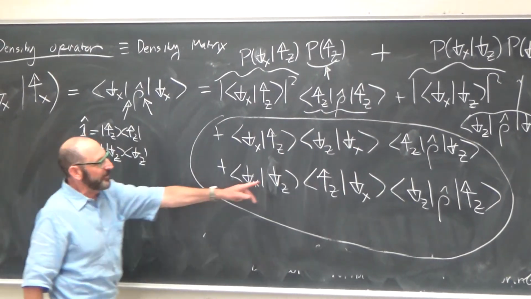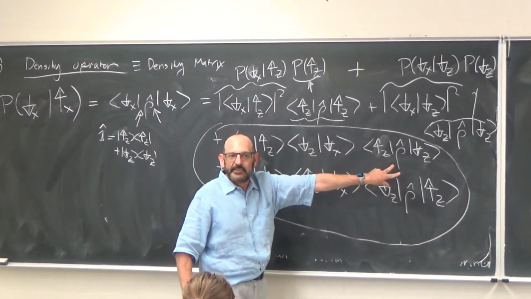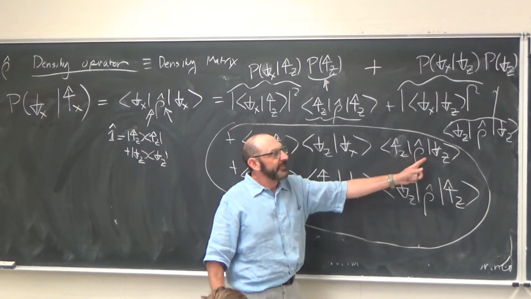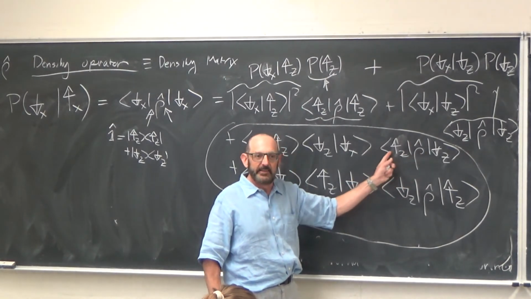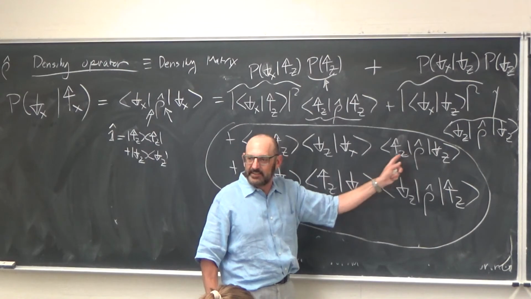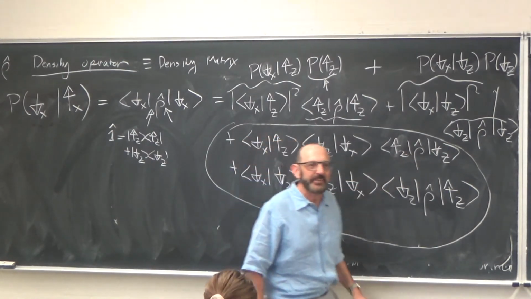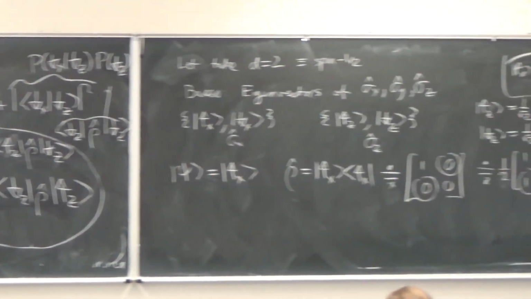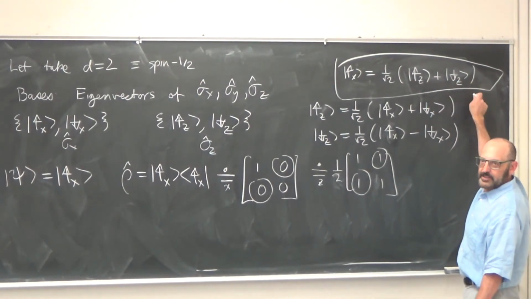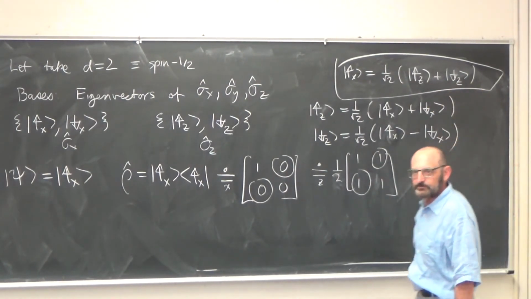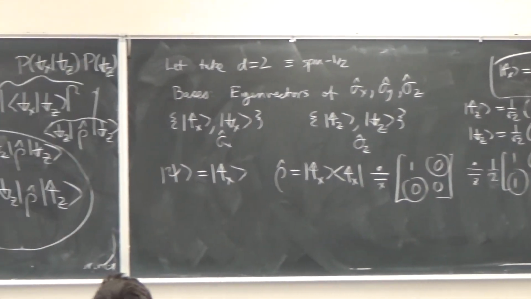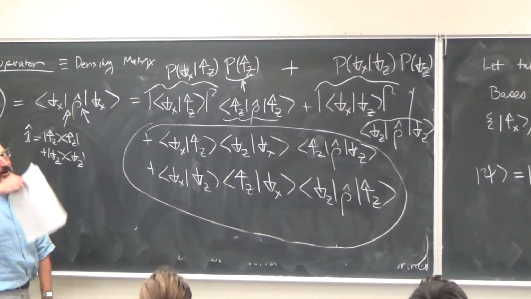The rest of this represents the quantum interference effects having to do with coherence that exists in the superposition of up along Z and down along Z, which is here. The system exists in a superposition of up along Z and down along Z. And because of that, I can't just think it was either up or down.